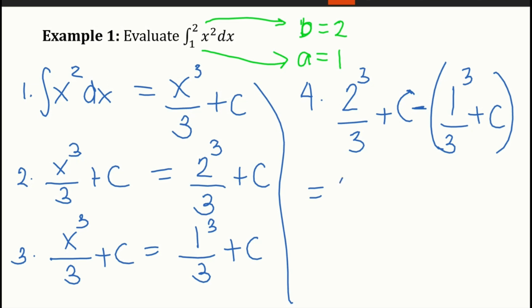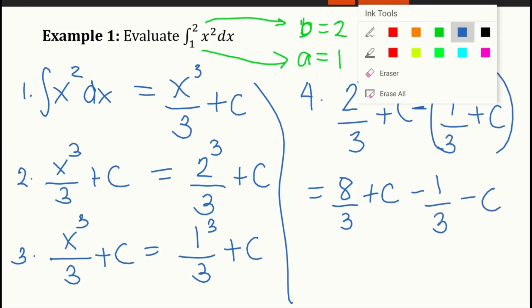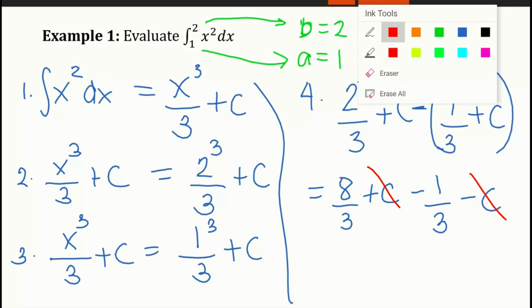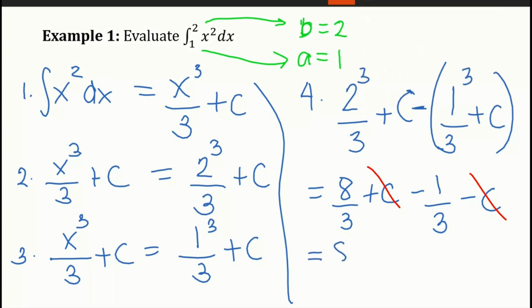So we have 8 over 3 plus c minus 1 over 3 plus c. And then you will notice that we will be canceling c. So the final answer now becomes 8 thirds minus 1 third, which is 7 thirds.